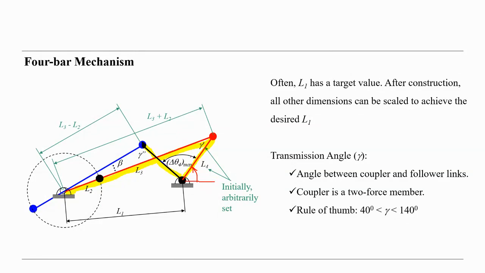The other one, I mean the second position to realize the delta theta 4 max, is the blue one.